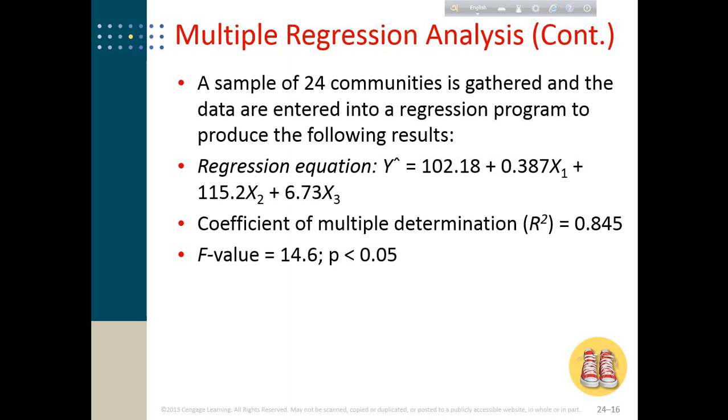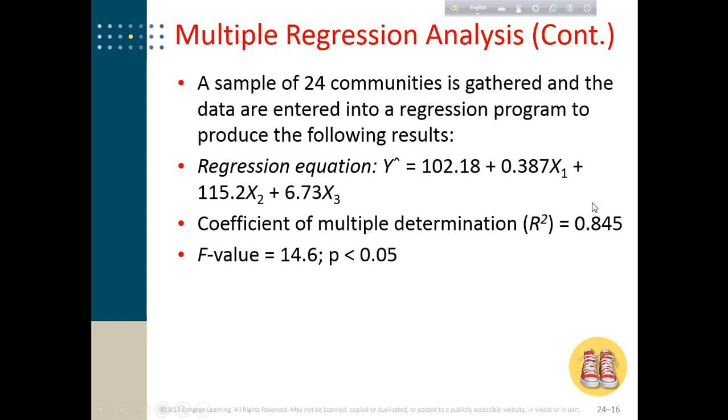It means that 84.5% of the variation in these store sales is accounted for by these 3 variables: competitor sales, presence of a sales office, and school enrollment. So the remaining 15% variation comes from other variables that we haven't included in our model.